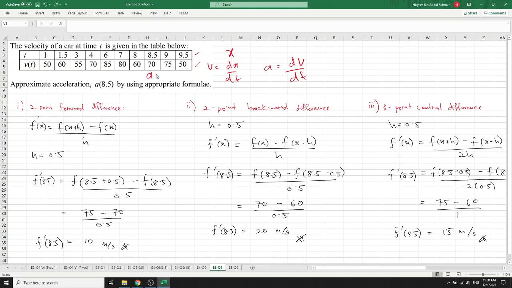So we first write the equation: f(x plus h) minus f(x), divided by h. First of all, we need to find h, the difference, which is 9 minus 8.5, so it becomes 0.5.